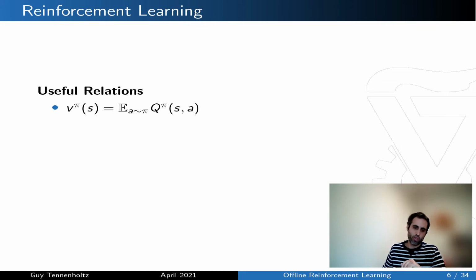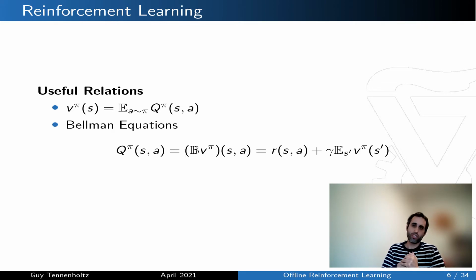And even more importantly are the Bellman equations, which relate the Q function to itself. So basically for the Q function, we can write the Bellman operator, which is denoted here by this script B. The Bellman operator is given by the reward plus gamma, the expected value of the next state.